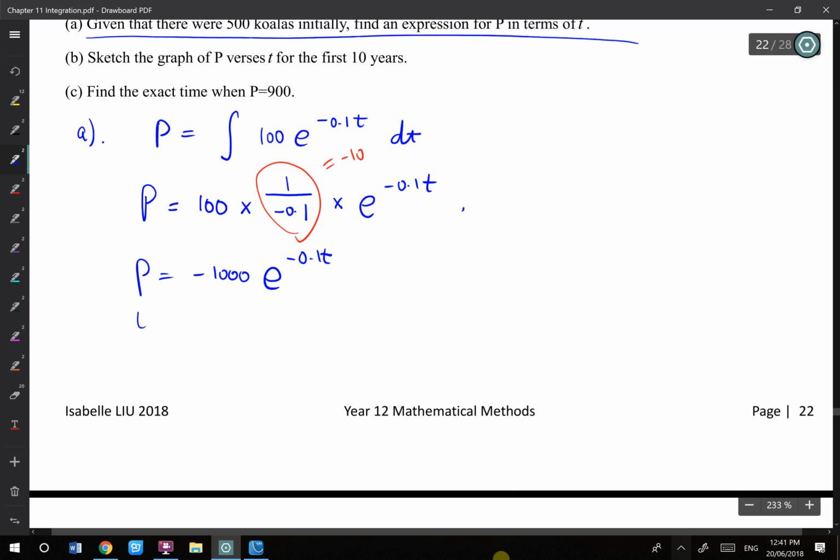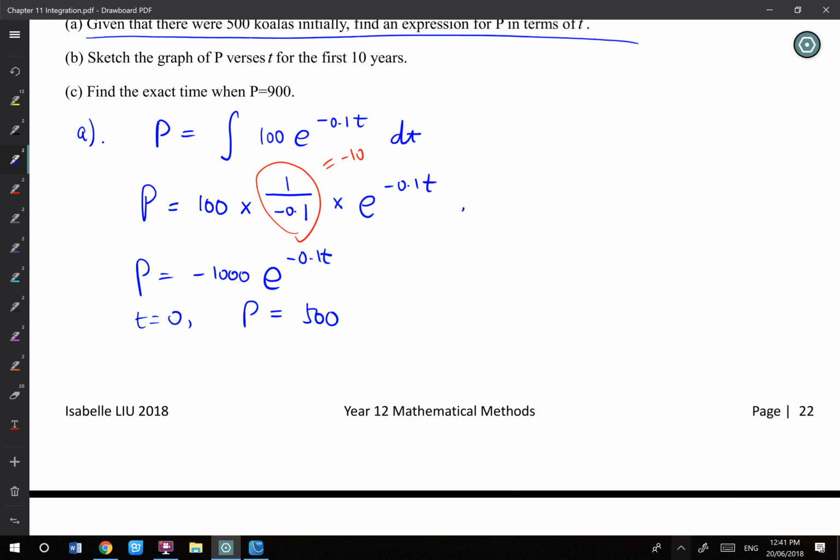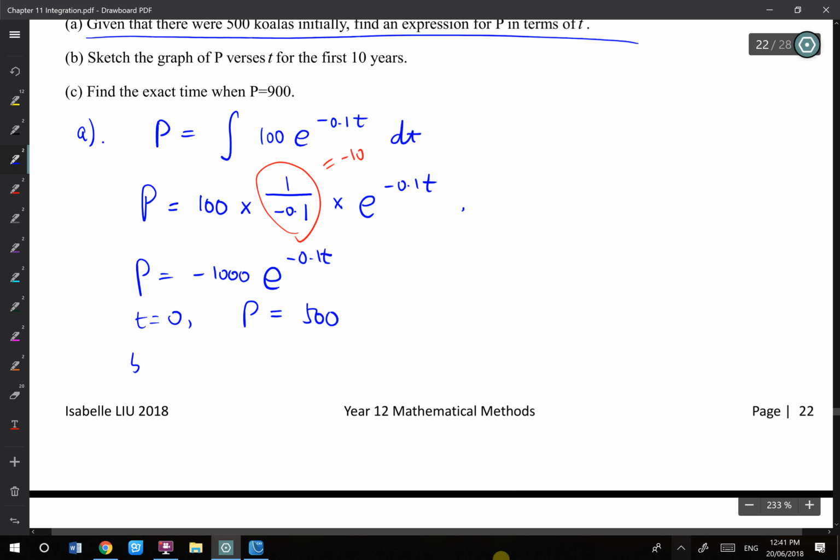You have 500 koalas initially. Initially means t equals 0. So t equals 0, P equals 500. So 500 equals negative 1000e^0 plus C. Sorry, I forgot the plus C here.